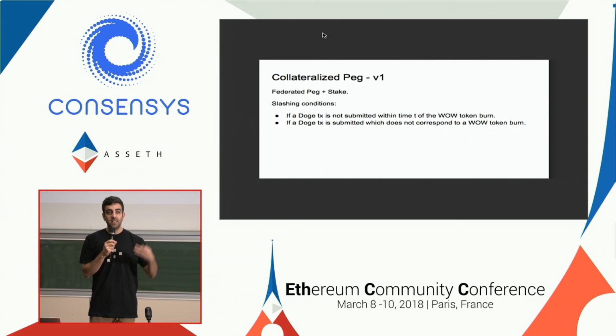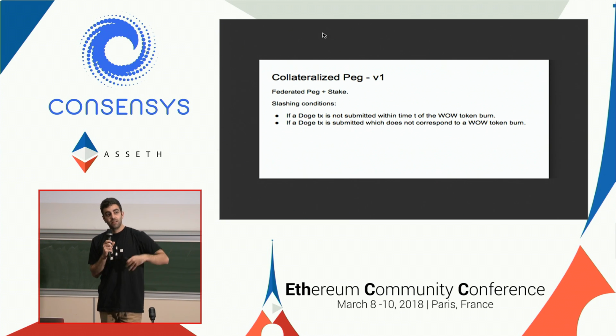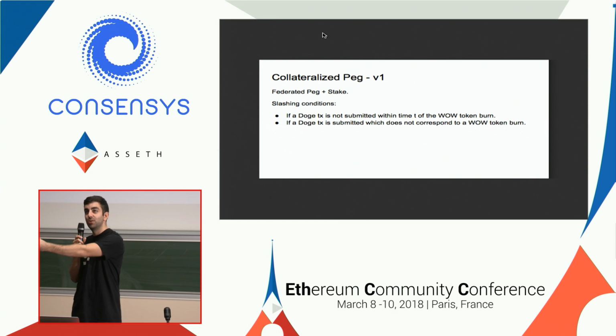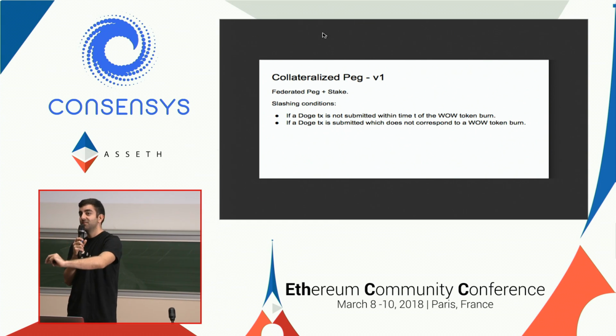So what if you made these multi-sig key holders actually deposit stake into the Doge relay contract? Going forward through the peg is the same way: send the Doge transaction, WOW tokens are minted. But then when you want to go back, you burn your WOW tokens, and then a timer starts ticking inside of this Doge relay contract. So it's like 100 blocks, 99 blocks, 98 blocks.